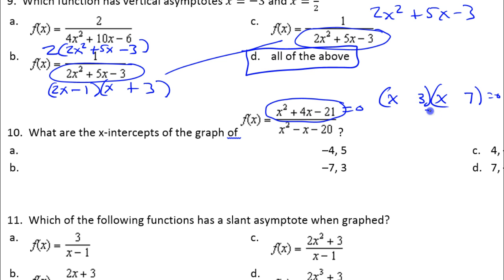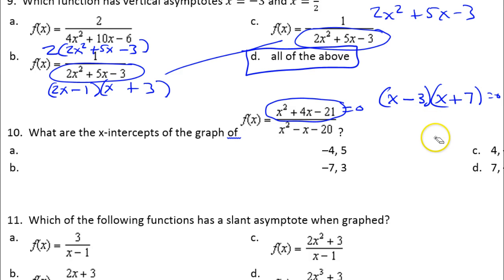Inner plus outer equals middle. So inner, I have 3x. Outer, I have 7x. I'm trying to get positive 4, so I'll need a positive 7 and a negative 3. So there's my negative 3, there's my positive 7. Also, negative 3 times 7 does make negative 21, so it checks out.